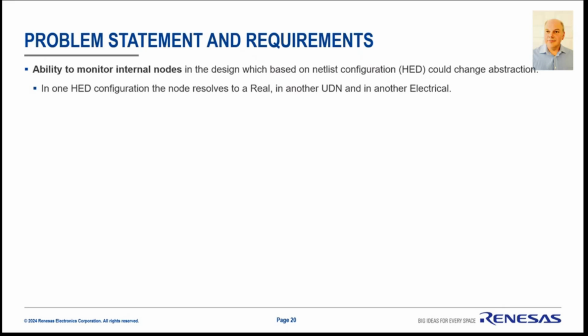If it was AMS, it would work as well. And also support the fact that the node might not exist. I don't want my test case to be full of ifdefs. If this LDO is not in the design, don't include this test. I want to be able to write a simple test case where, behind the scenes, this function that I'm about to present will just deal with it cleanly.